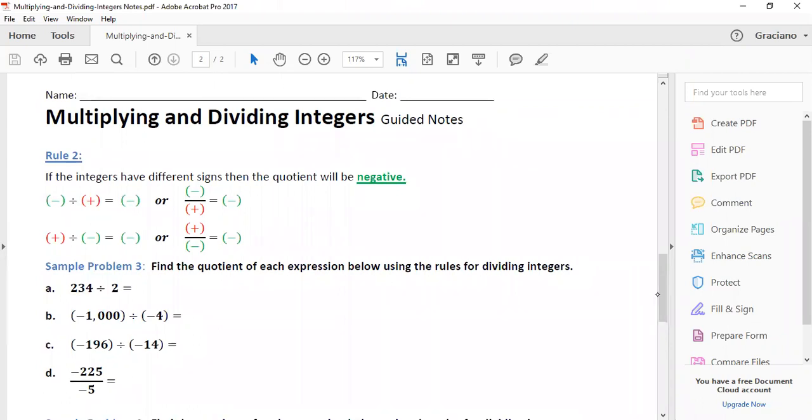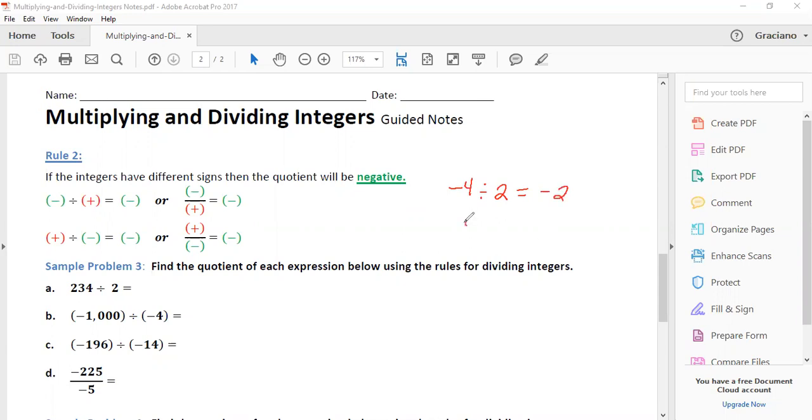My second rule for dividing integers says that if the signs are different, my answer will always be negative. So if I have negative 4 divided by a positive 2, my answer is going to be negative 2.